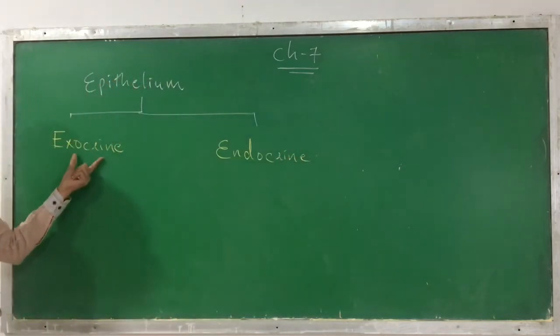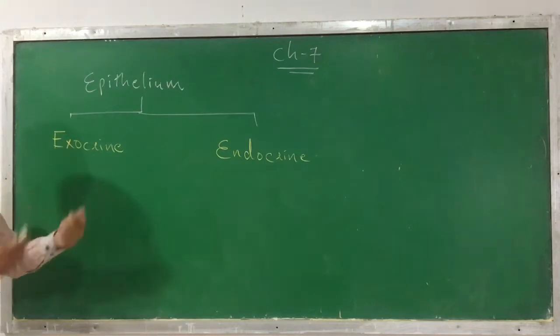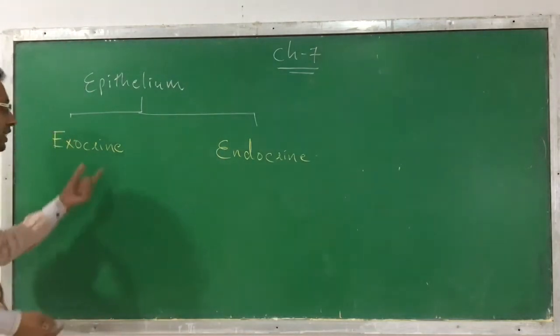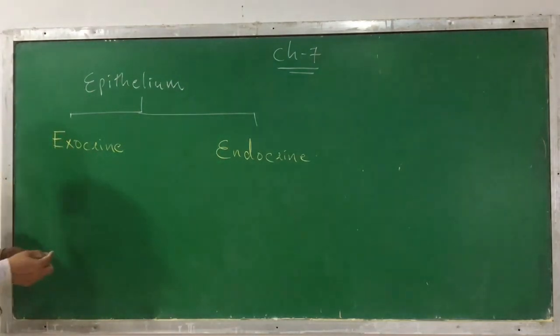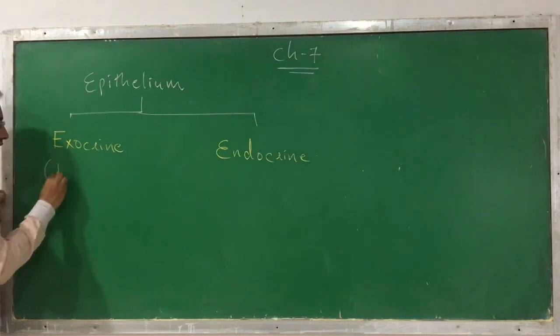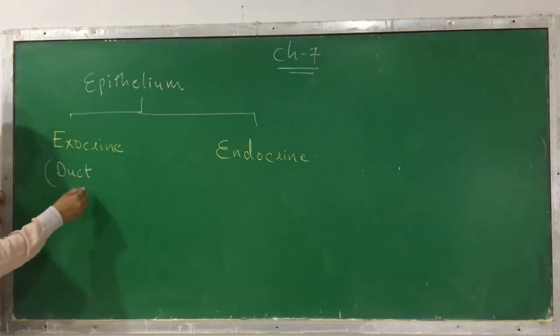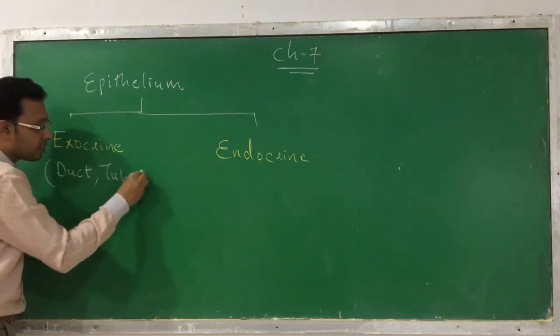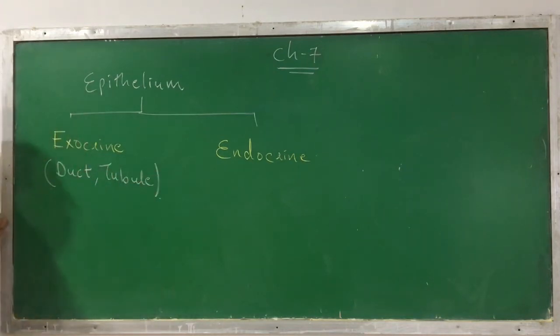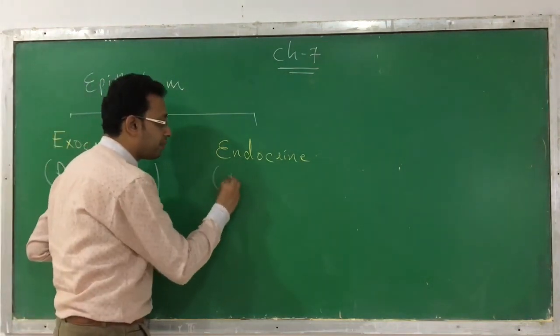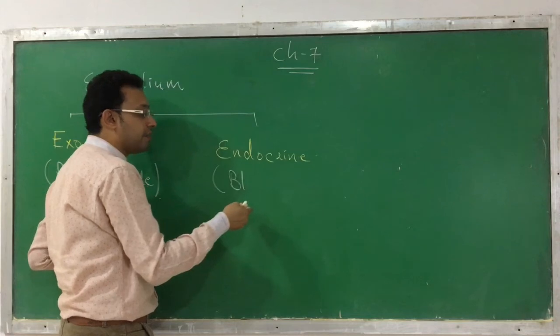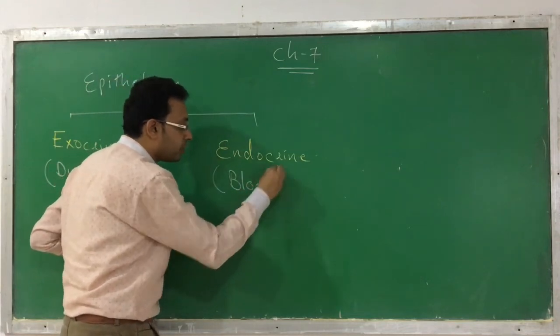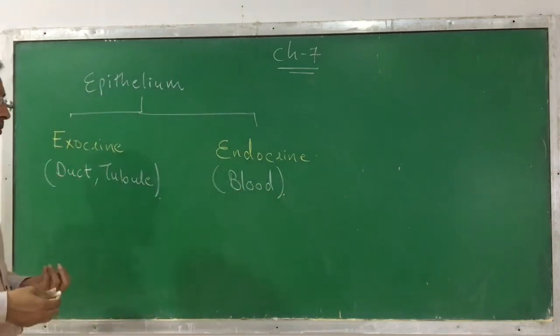Now, what is called exocrine? Exo means out, endo means in. So here they are the glands that secrete. They secrete whatever material into the ducts or the tubules. So this is called exocrine glands. And the endocrine glands secrete their material directly into the blood or the fluid present inside it.